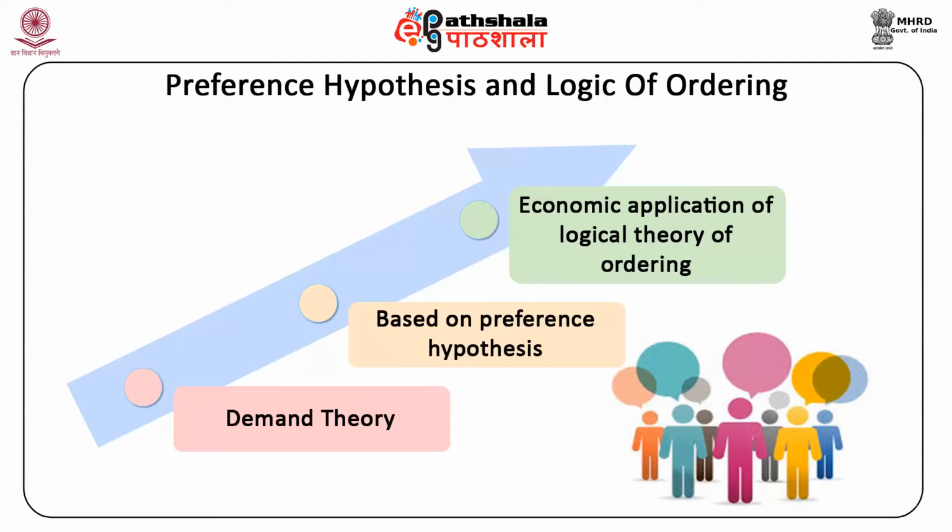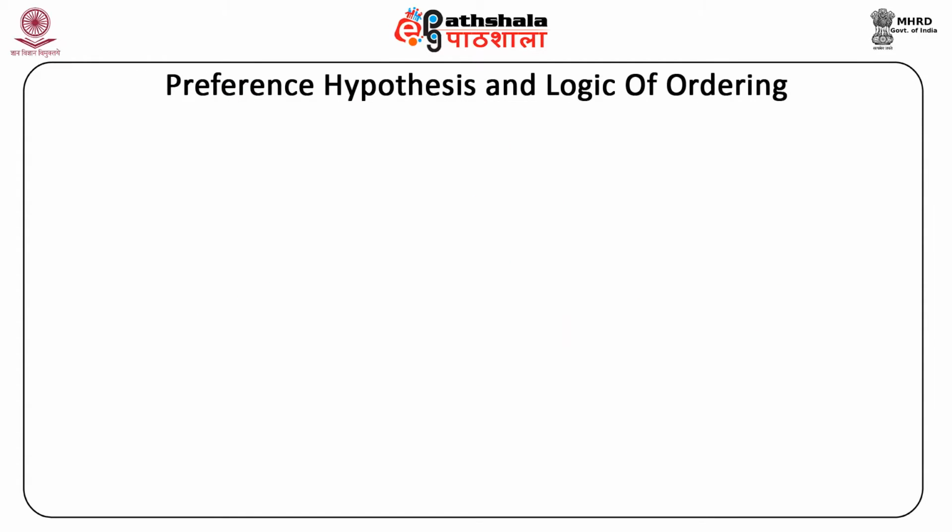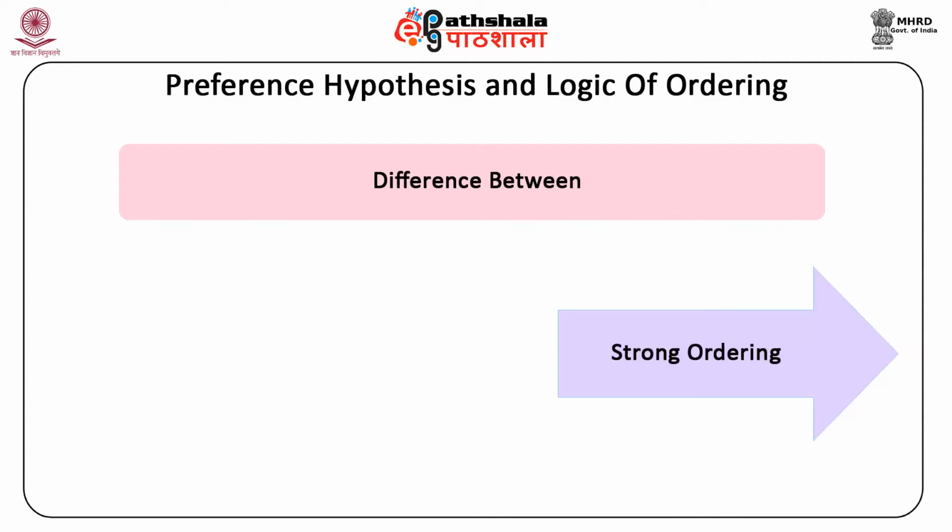Before proceeding to the derivation of demand theory using the preference hypothesis, Hicks explained the logic of order. Let us proceed with the logic of order by first explaining the difference between strong and weak ordering, followed by demand theory based on weak ordering.